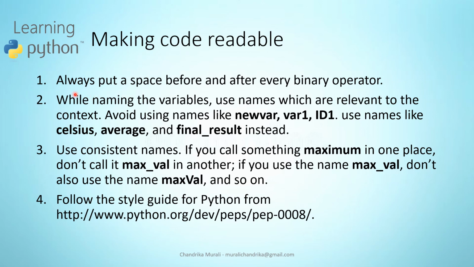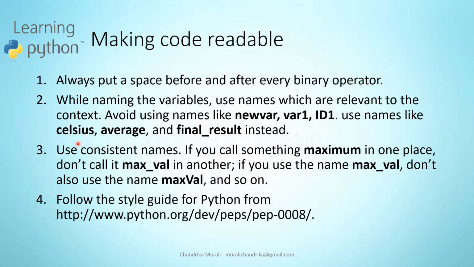So always put a space before and after every binary operator. This will make your expressions more readable and more understandable. Then while naming a variable, use names which are relevant to the context. That is, the name should be relevant to the purpose of the variable.